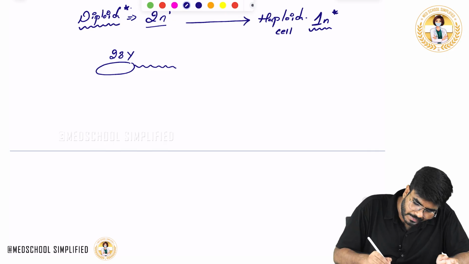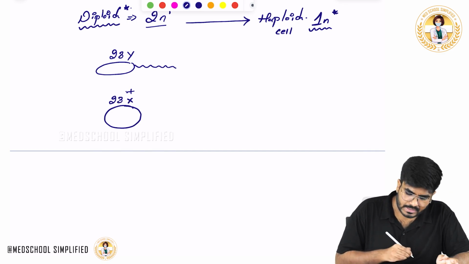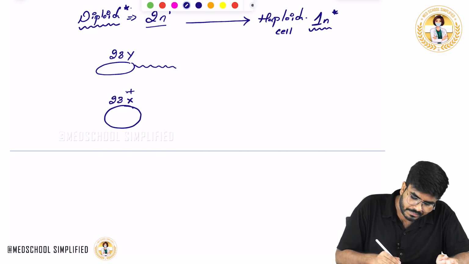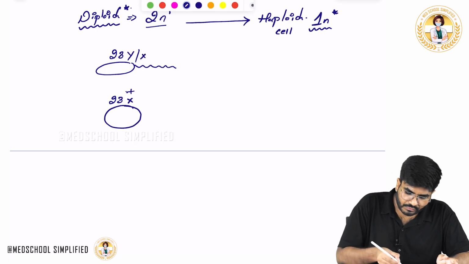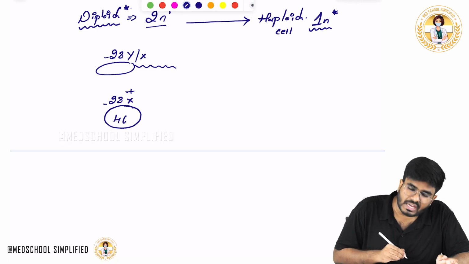Now when the sperm meets the ovum, which also has 23 chromosomes, 23X. The sperm with 23 chromosomes can be either X or Y. When it fuses with the ovum, 23 and 23, it becomes 46 after fertilization.